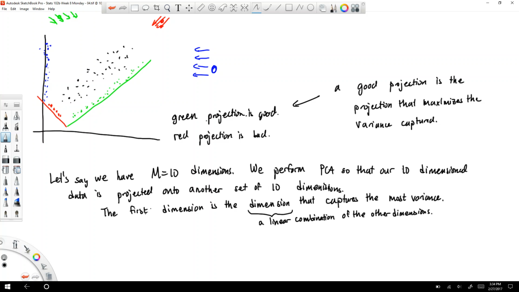Okay. The second dimension is orthogonal to the first dimension, and captures the second greatest amount of variance, and so on and so forth.